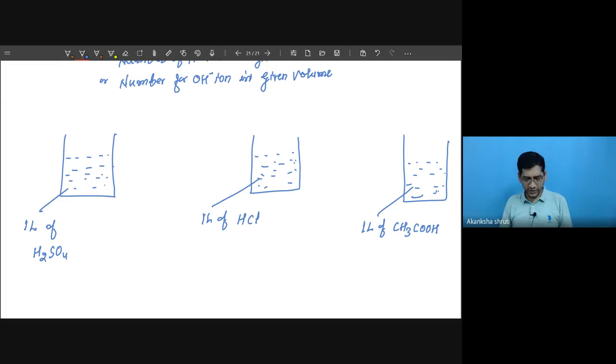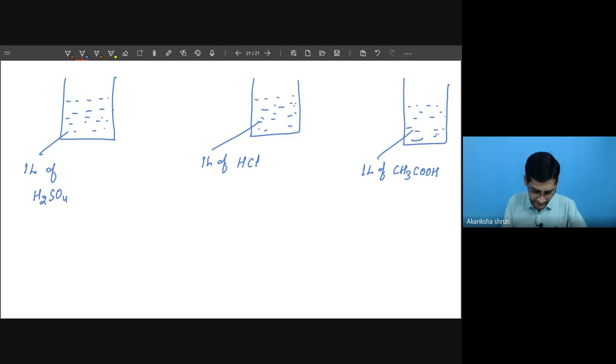Means you are going to take half liter of water and add 100 ml of H2SO4, or in half liter of water add half liter of H2SO4, and in half liter of water add half liter of HCl, and in half liter of water add half liter of vinegar. Not vinegar, it is acetic acid, because vinegar itself contains only 5% of this acetic acid. Then you will observe that this can give us more number of H plus ions.